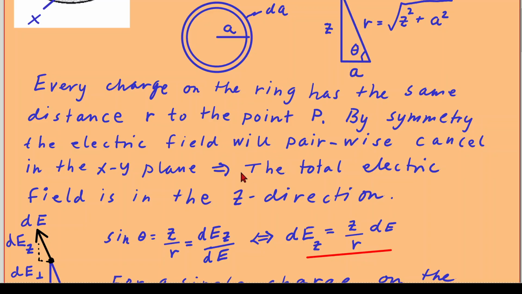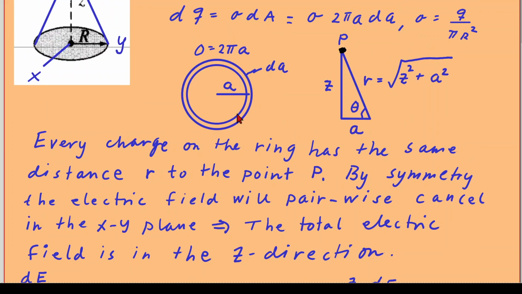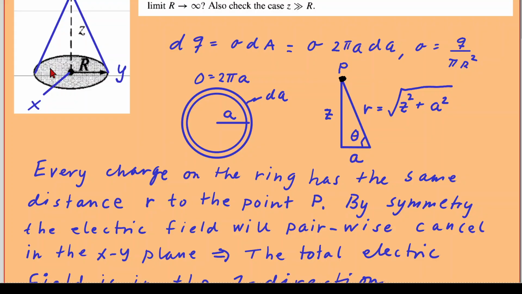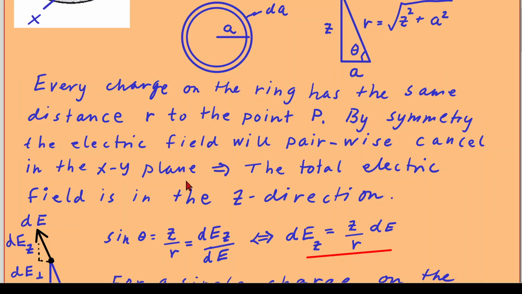So then we understand what I wrote here. The total electric field from such a ring will be in the z direction. And also what we can see is the sine function of theta.